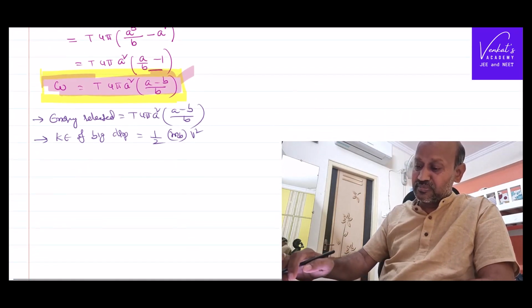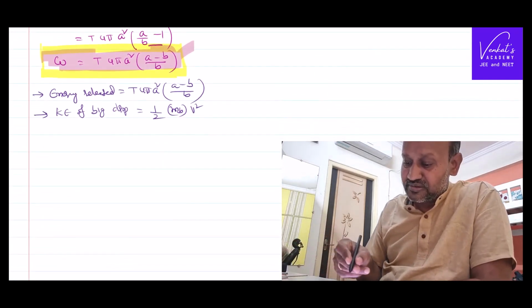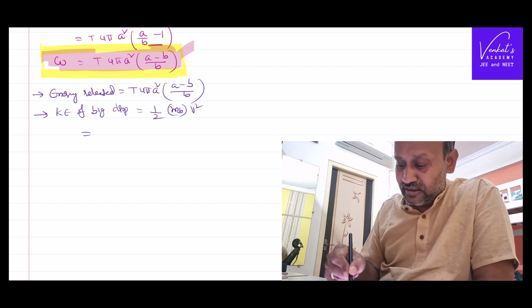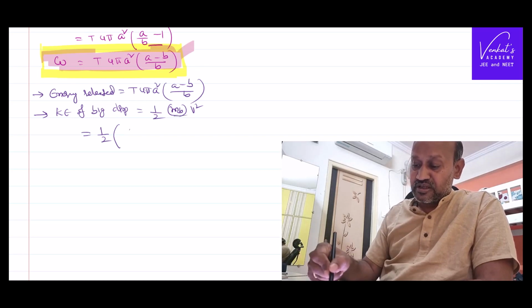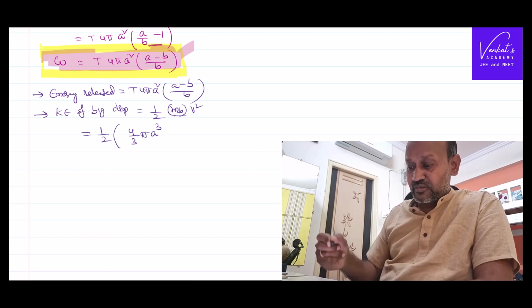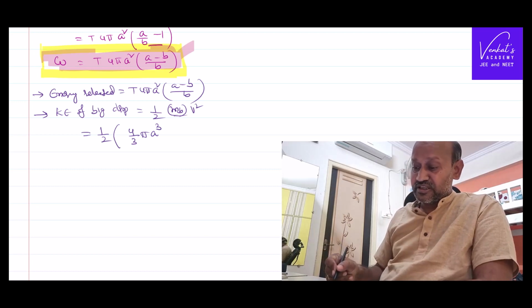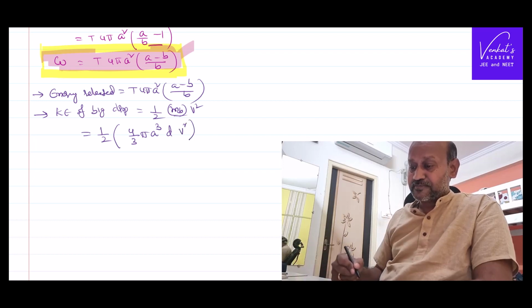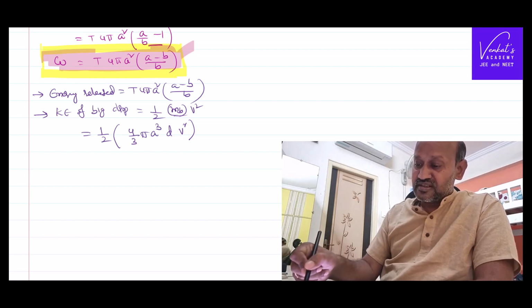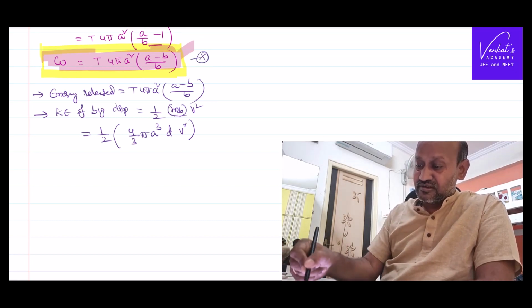So what is the mass of the big drop? Let me try to calculate. Mass can be written as volume into density. Volume of a spherical drop is 4 by 3 pi, big drop radius is a, so 4 by 3 pi a cube. Mass, that's volume into density, into half v square. That's the kinetic energy. This is equation number x. You can call this equation number y.